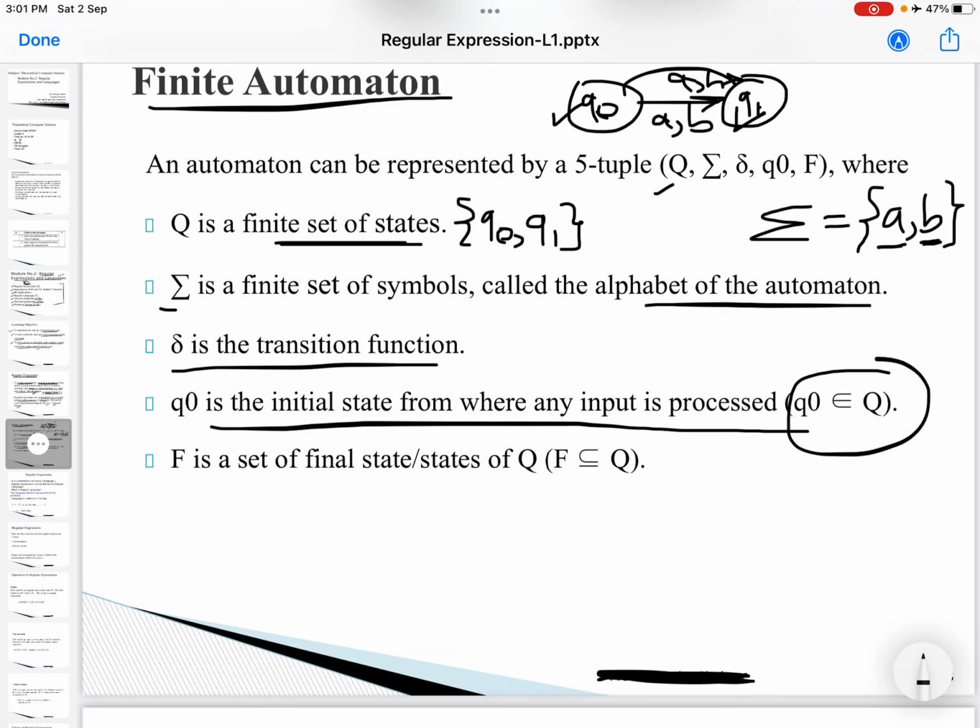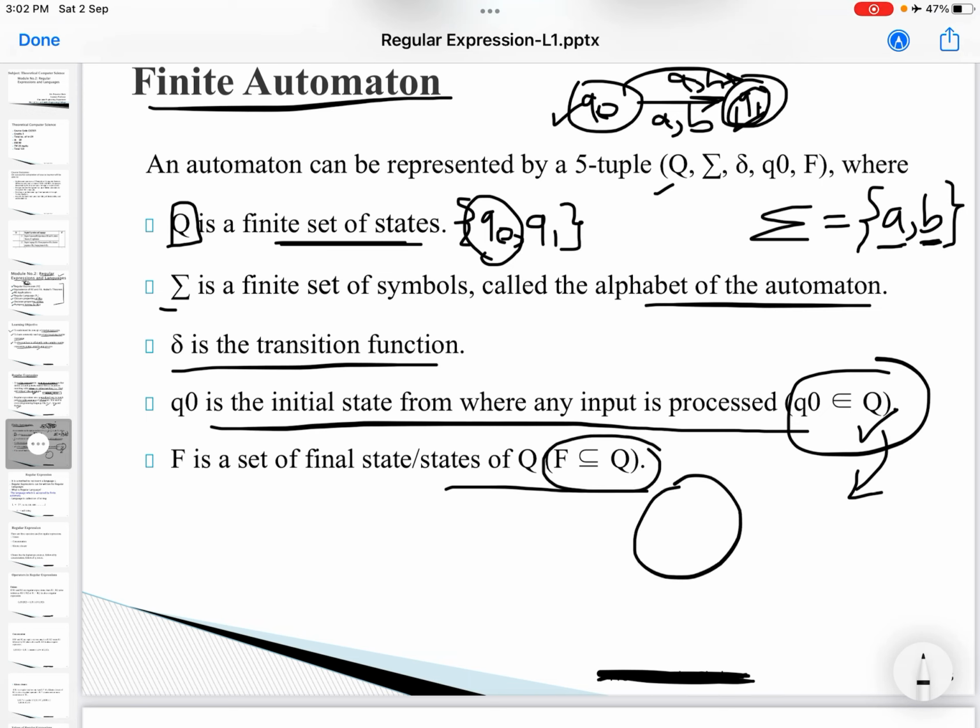Q0 belongs to Q, that is, it belongs to the set of states. F is the set of final states. F is also a subset of Q. A final state we represent as a circle inside a circle. So if we represent it like this, then Q1 is a final state.